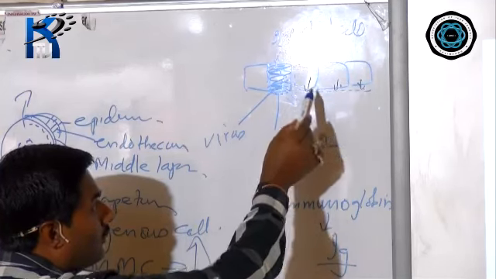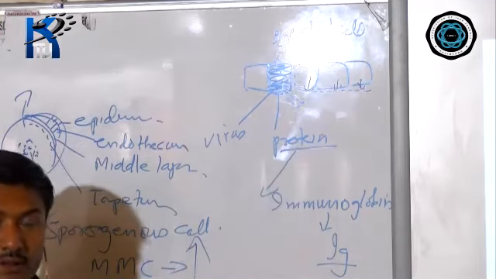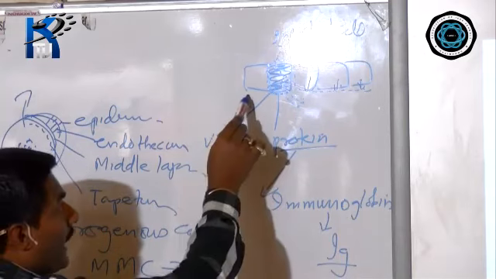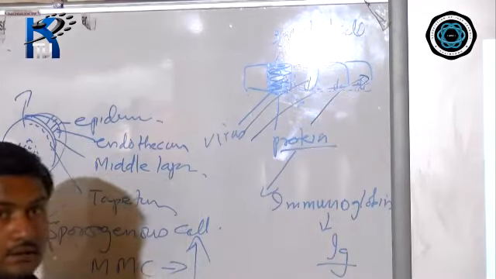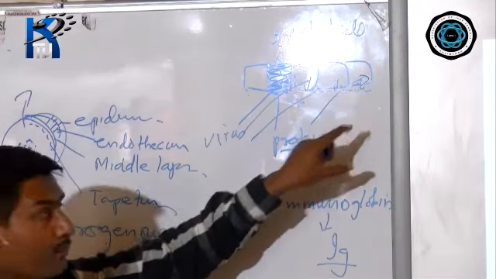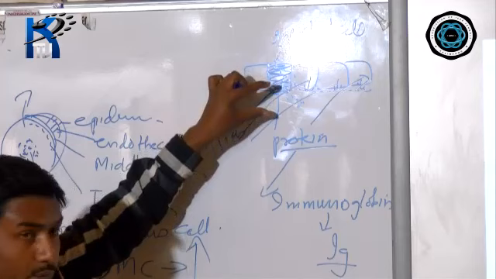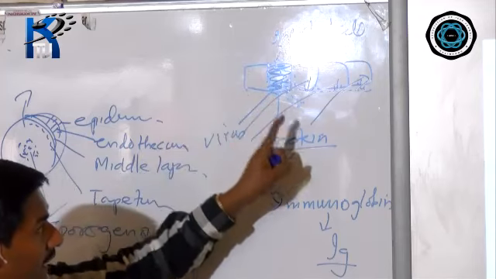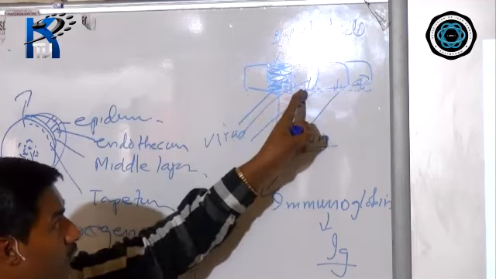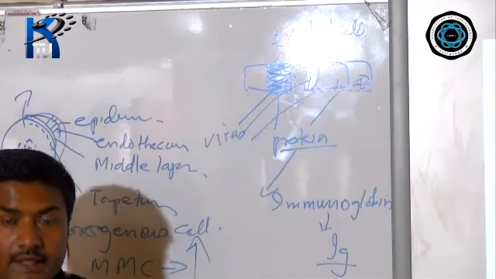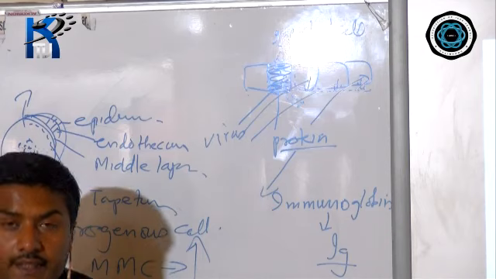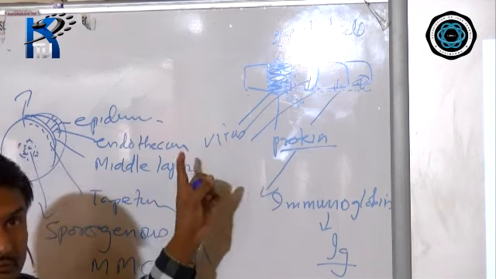The other cell also will try to produce a necessary protein so that the virus will not affect these uninfected cells. That means it produced an antiviral protein. That protein goes to the uninfected cell, and the other uninfected cell will also try to produce a protein so that it will not get affected by the virus.